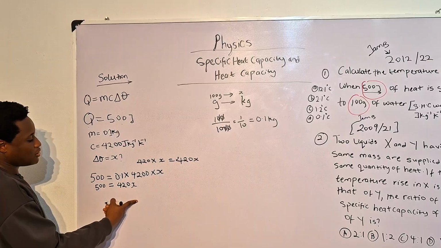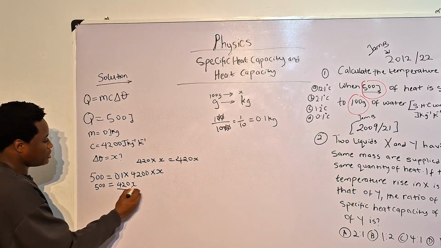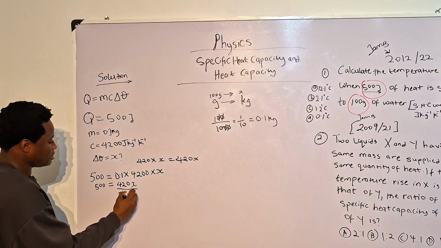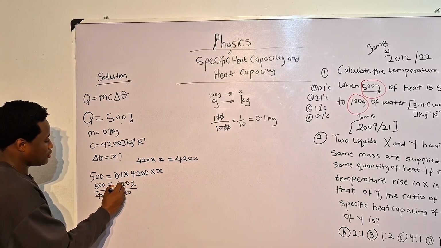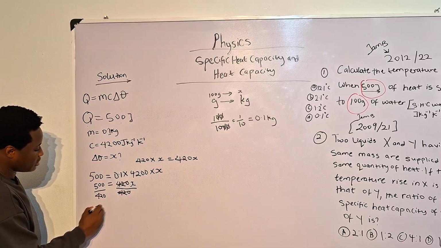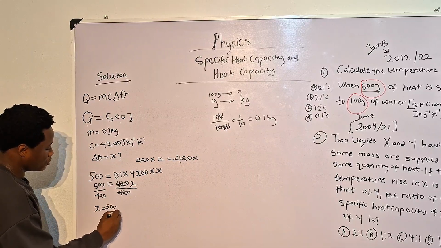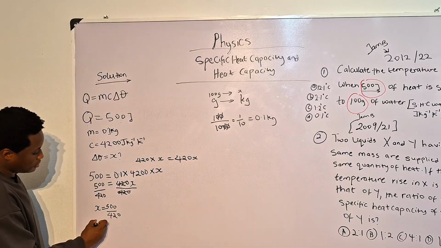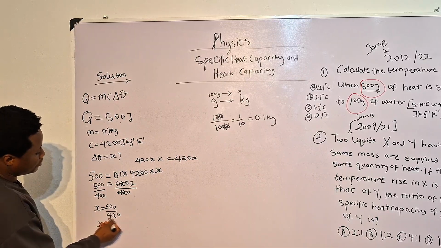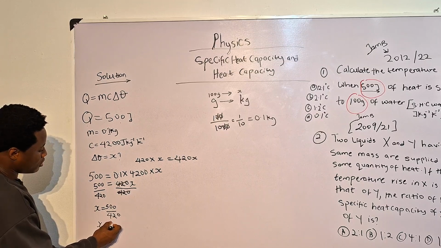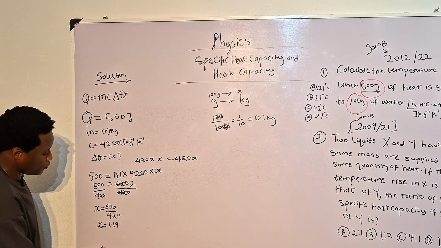For us to get X now, we have to make it the subject of the formula by dividing both sides by 420. So 420 cancels 420. X now becomes 500 over 420, which will give you 1.19.